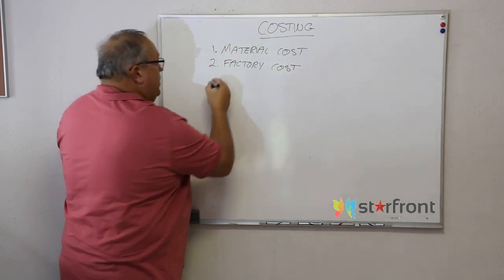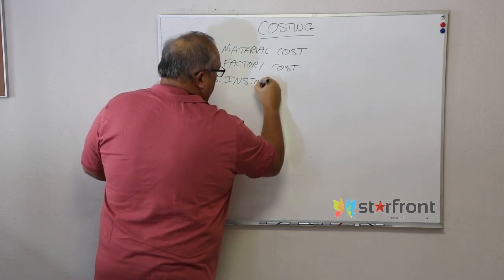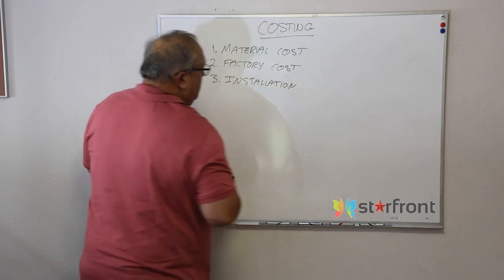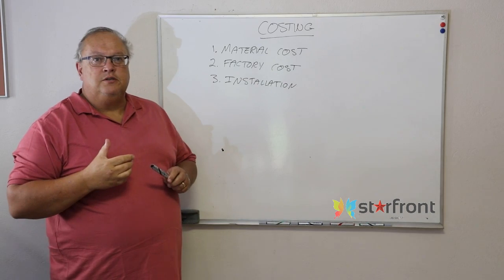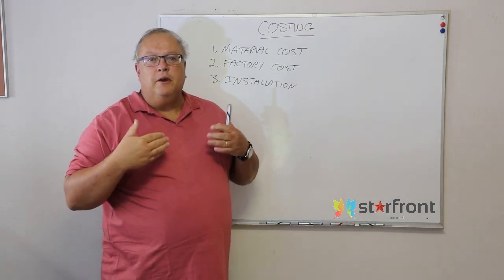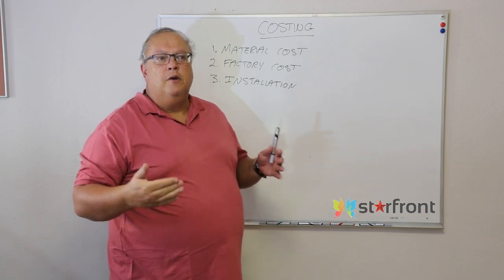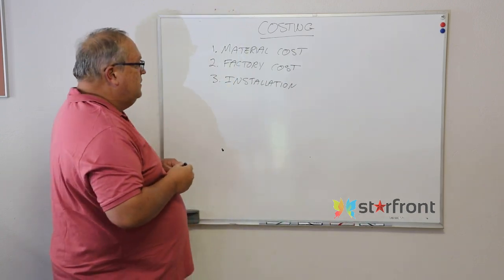And number three, your installation. Once you can determine those three costs, you then know what that product is costing you to make and install, and you can apply whatever markup strategy you want onto that cost price.